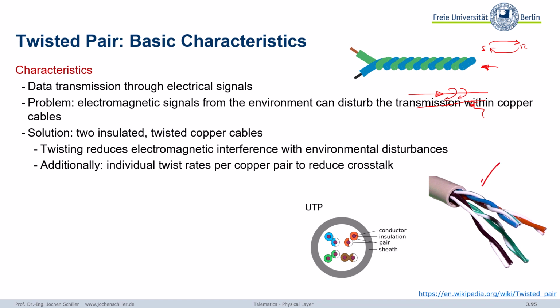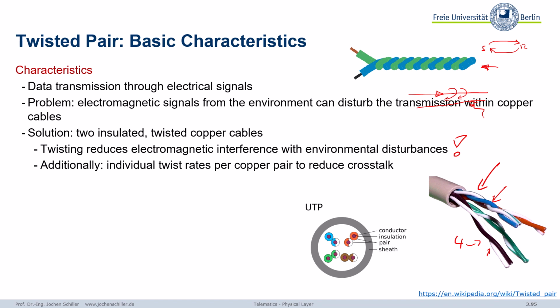And here you see an example of a cable that contains 4 twisted pairs. So 8 wires altogether. And the twisting is important to reduce the electromagnetic interference with the environment, and also as we use different twist rates, so how many twists per centimeter, if you look at this blue and white, different twist rate compared to this black and white.